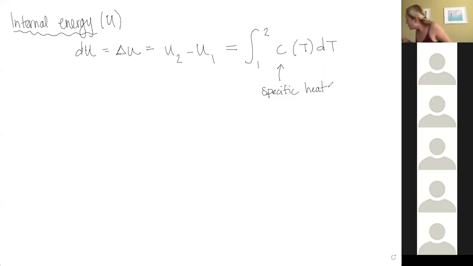Okay, so starting on page 933 in your textbook, there are several tables that have tabulated the specific heat for different gases at constant pressure or constant volume.